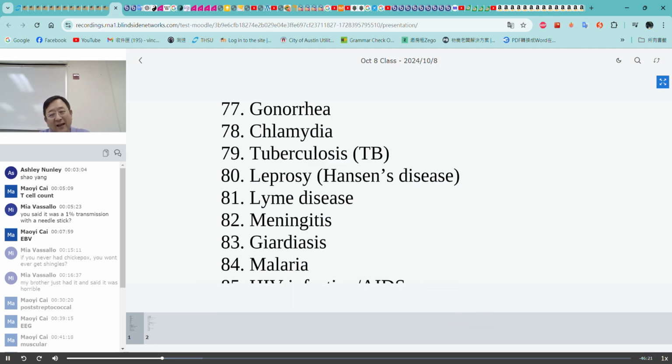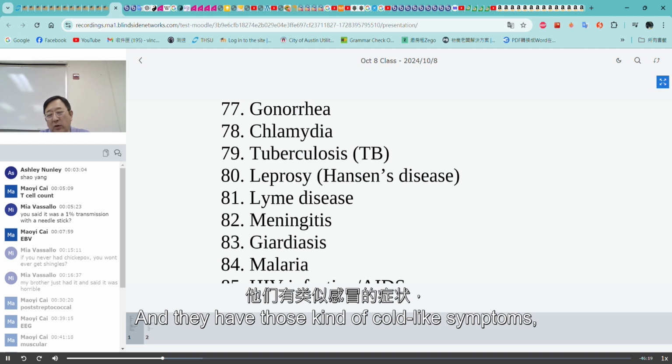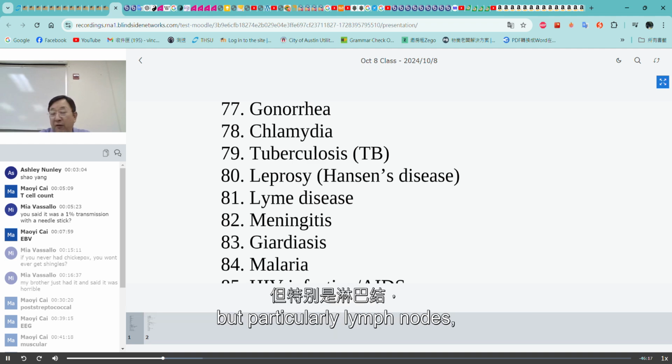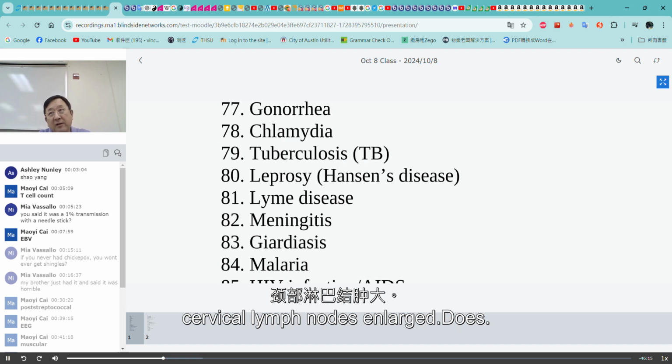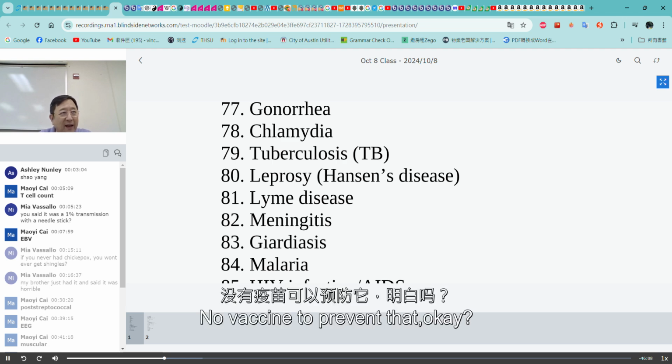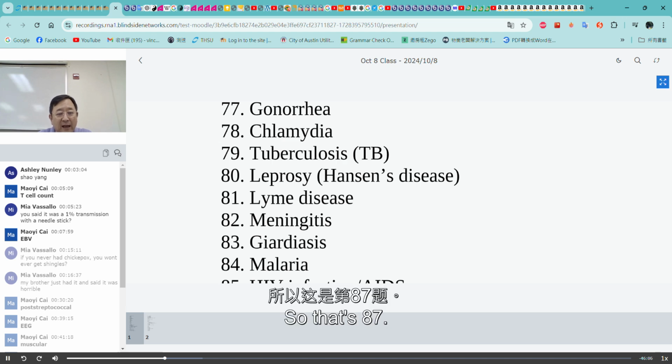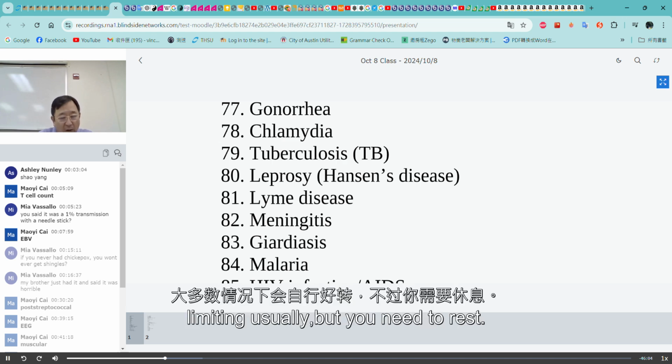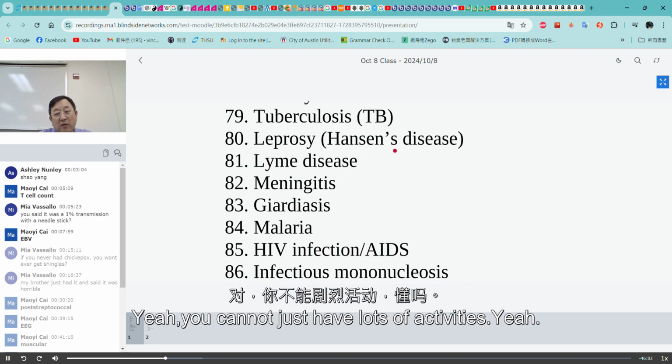College student, cold-like symptoms, but particularly cervical lymph nodes enlarged. Does it have a vaccine? No, there's no vaccine to prevent that. Will it recover by itself? Normally it's self-limiting, but you need to rest. You cannot have lots of activities.